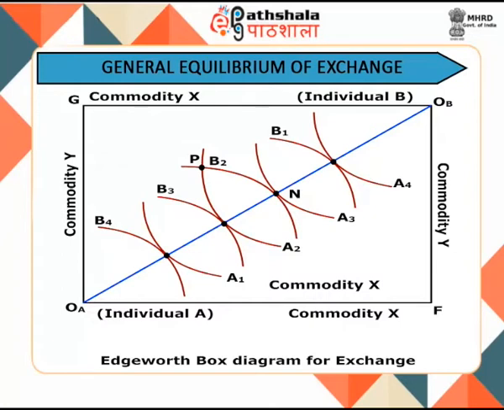Given the initial endowment point, we can get the subset of the contract curve that each individual prefers to his initial endowment. If P is the initial endowment point, both individuals A and B will be better off at all points between M and N on the contract curve OAM and LOB.